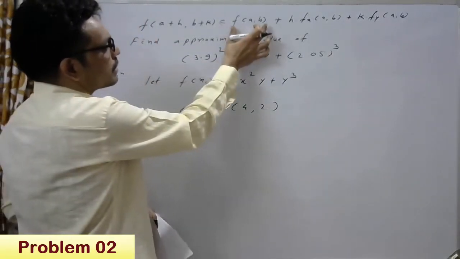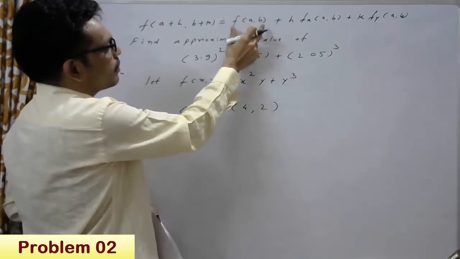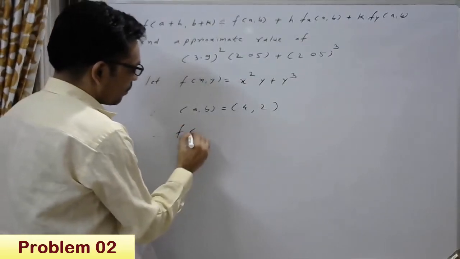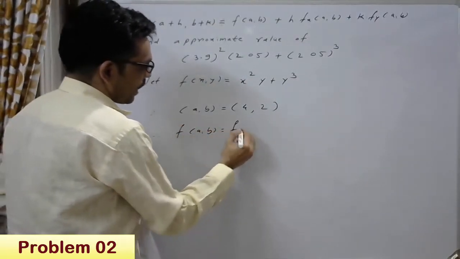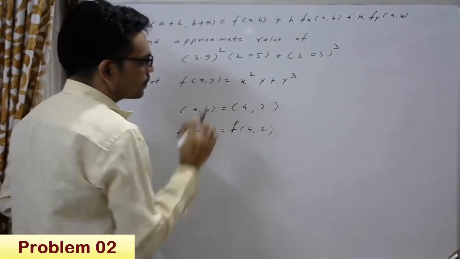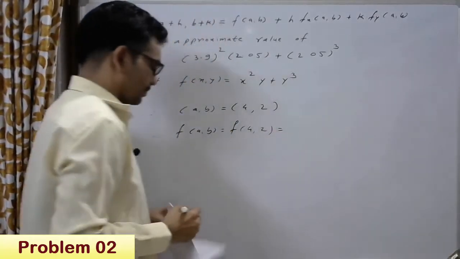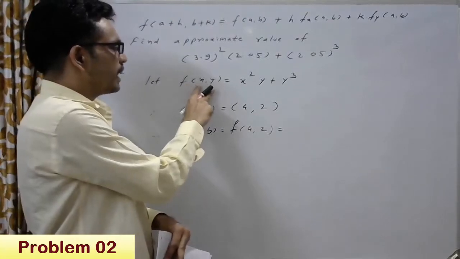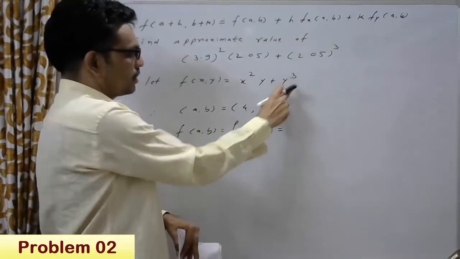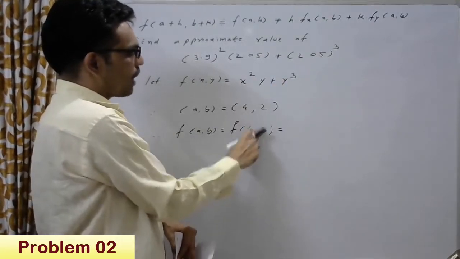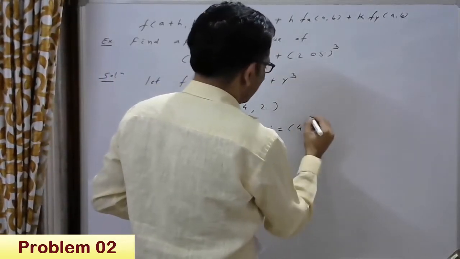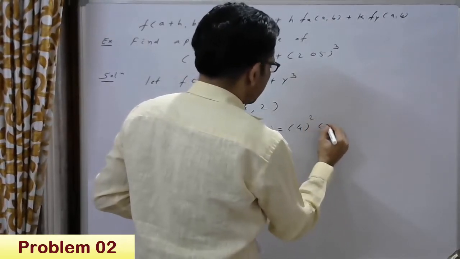Here in the approximation, first we need to find the value of f(a,b). Therefore, f(a,b) with a equal to 4 and b equal to 2 is f(4,2). The function of two variables is f(x,y) = x² y + y³. Take x equal to 4 and y equal to 2.